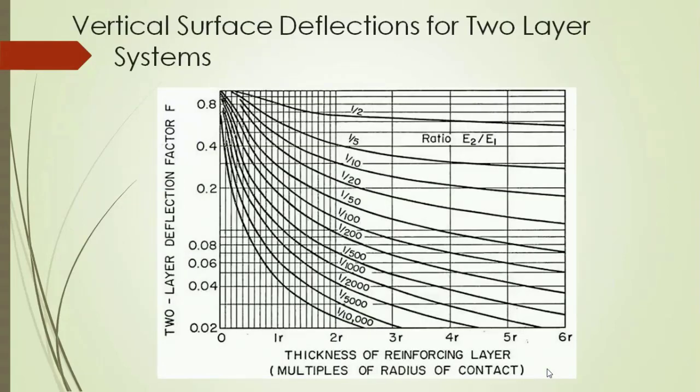So this is the graph, vertical surface deflection for the two layer system. This is the graph between the two layer deflection factor F and the thickness of the reinforcing layer, that means multiples of the radius of the contact area with the tire.